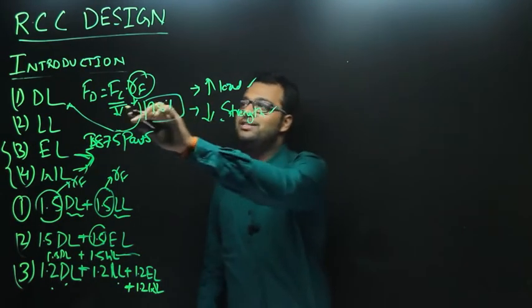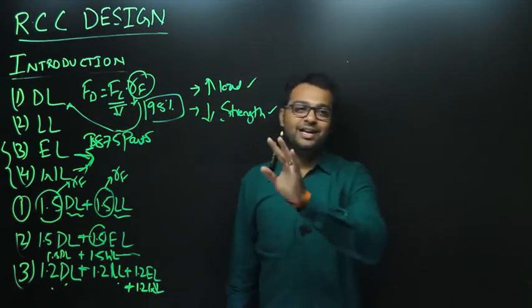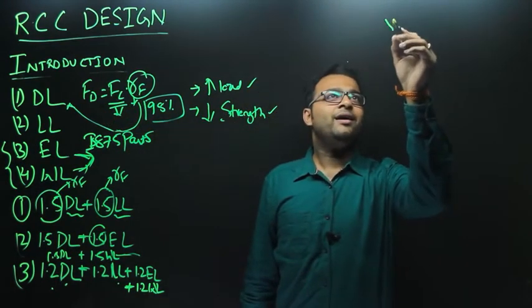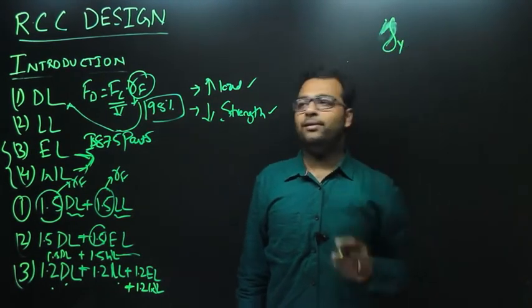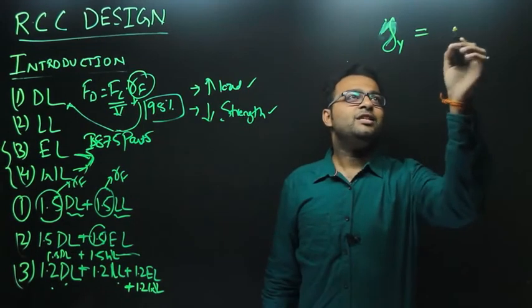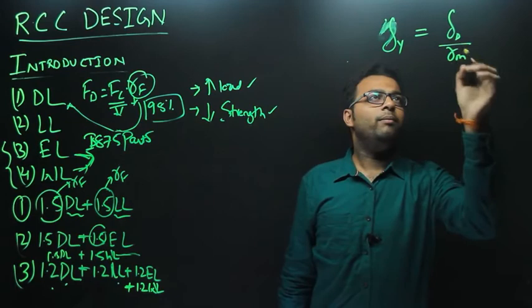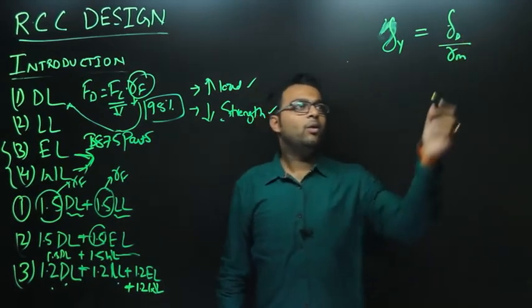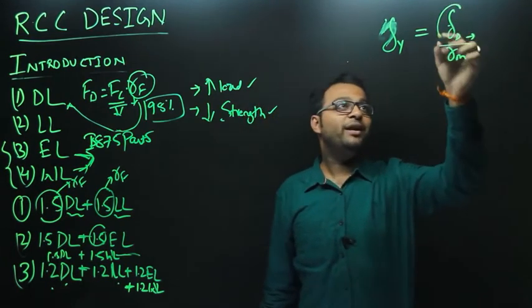The similar concept we followed for load is followed for strength as well. If I denote this strength by Fy, it is basically Fd upon gamma m. Now what is Fd? Fd is the characteristic strength of my material.